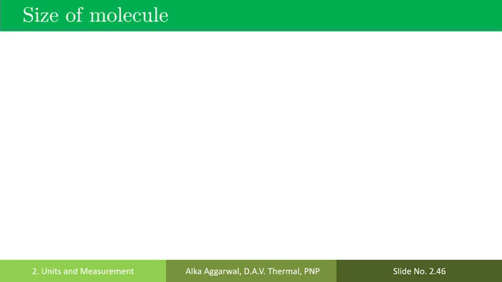The size of molecule. Size of molecule is very small, so we estimate this size by using a method which is called oleic acid method. It is a method for finding the size of a molecule of a liquid in which a layer of 1 molecule thickness on water is prepared.